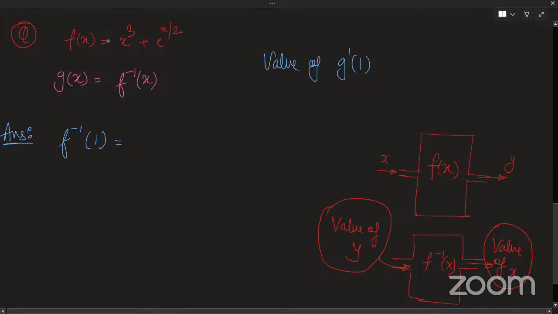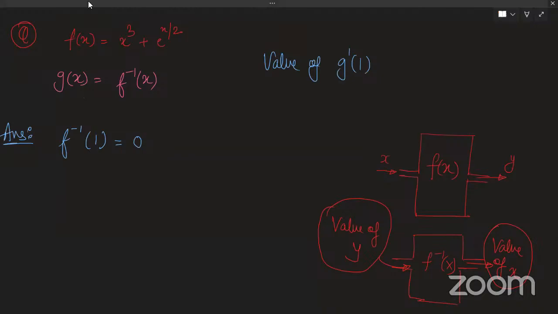So f inverse of 1 means: I have this function f of x, what value of x should I be putting in it so that I get 1 as the output? Can anyone tell me? Zero. Right, because f of 0 is 1. So f inverse of 1 is 0. This is how it works.